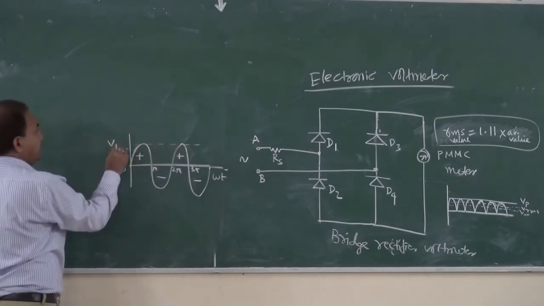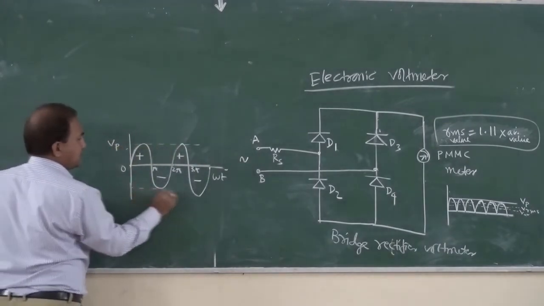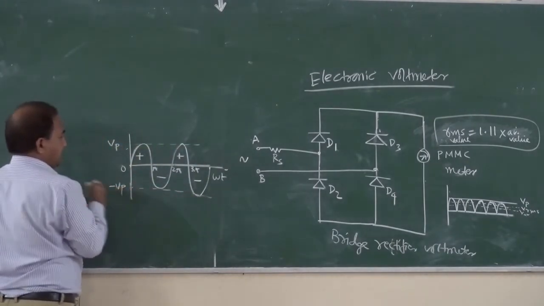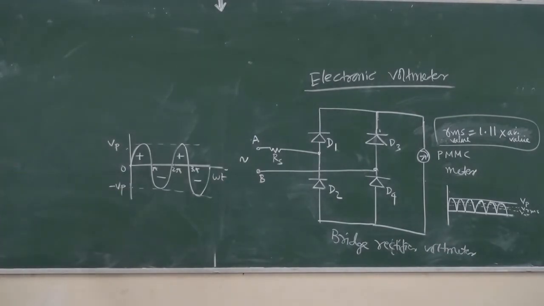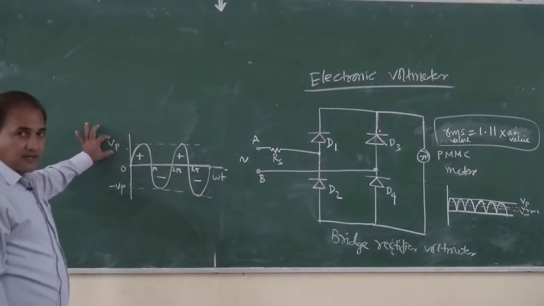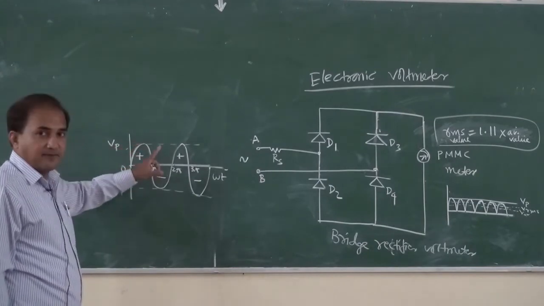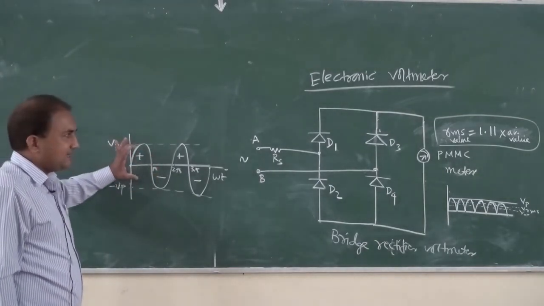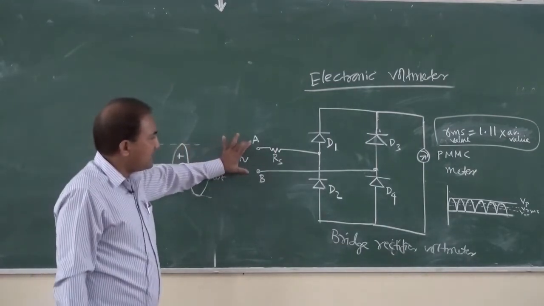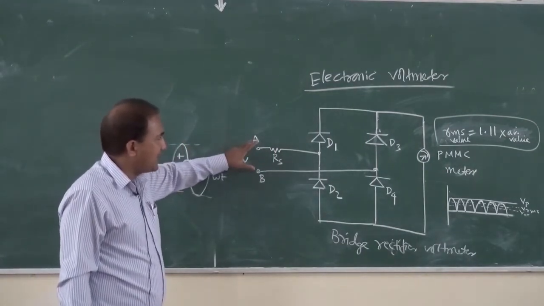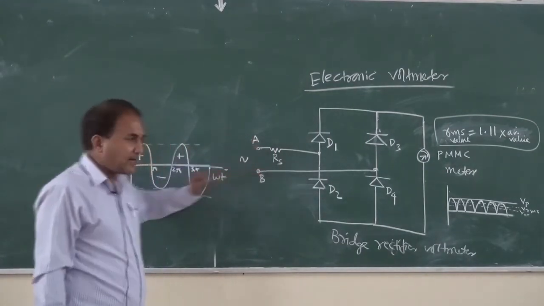Say this is V peak and this is minus Vp. Vp is the maximum amplitude of this sine wave. So this is the AC signal that we want to measure, and we are connecting it at points A and B, okay.